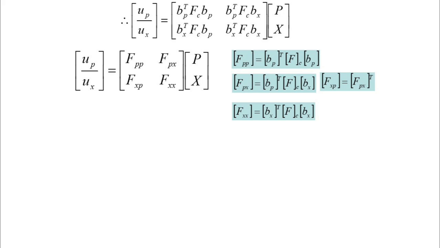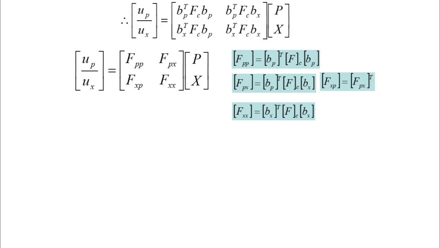These two vectors, the displacement vector and the force vector, are now connected by an expanded form of FTS, because once we do the multiplication as shown in the previous slide, we get four components of FTS: FPP, FPX, FXP and FXX.